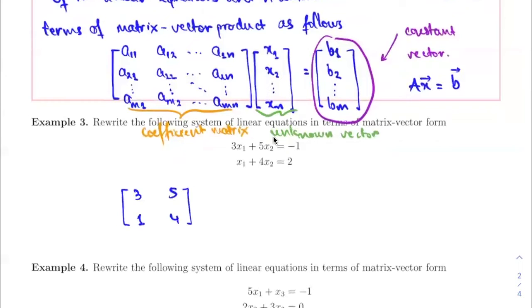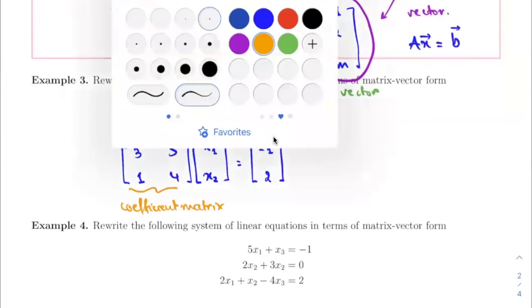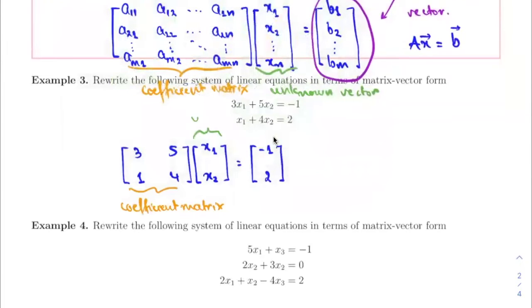And there are 2 unknowns, x1 and x2, so this is a column vector x1, x2, equal to the right-hand side vector, the constant vector, which consists of -1, 2. Again, this is the coefficient matrix, this is the unknown, and the right-hand side is the constant vector.